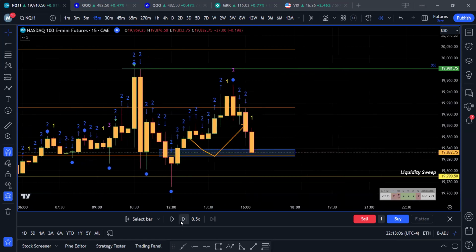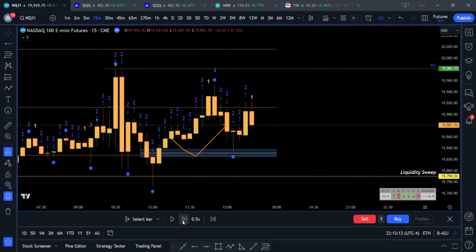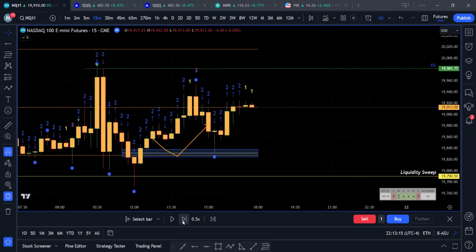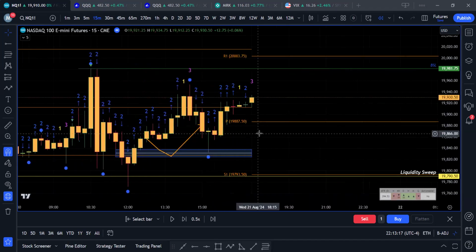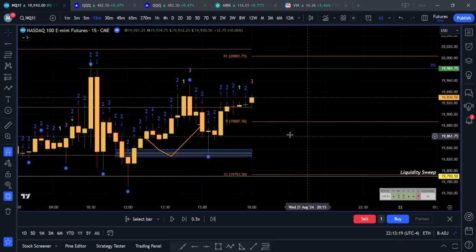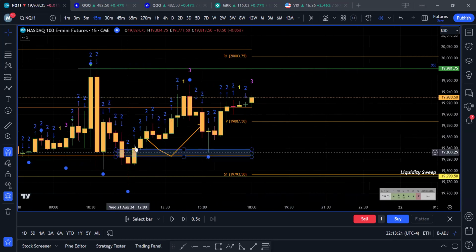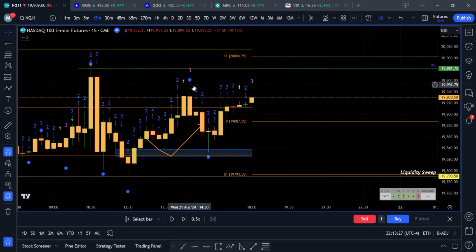Oh yeah, we had the drop back into fair value gap. Okay, boom. So actually a couple different places where you could have taken entry. Again, you could have taken it from the very beginning once we got displacement, right? 19,839, it runs up to 19,951, 952. Profitable trade. I think we can agree on that, right?